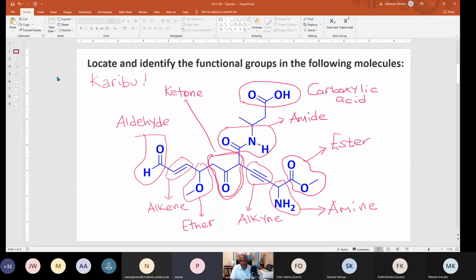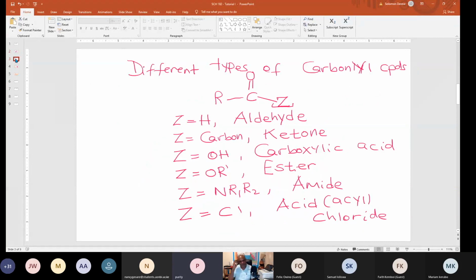So did you manage to screenshot this one? Not this one, the one whereby you are writing Z is equal to this carboxylic acid. Yeah, this one.